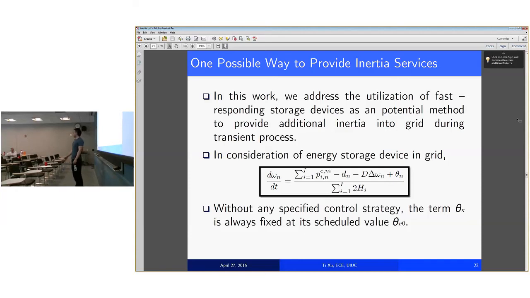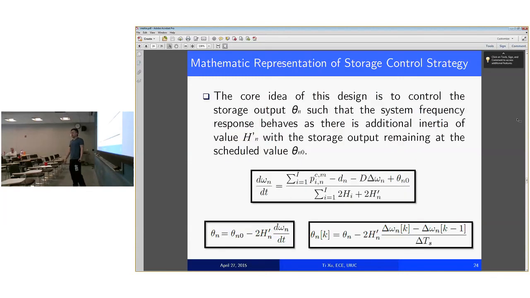But if I have a very specified and fast responding control algorithm, I can have the system behave as if there is additional inertia in the system. But there is no real inertia. Just like the system behaves as if there is inertia provided by the storage.